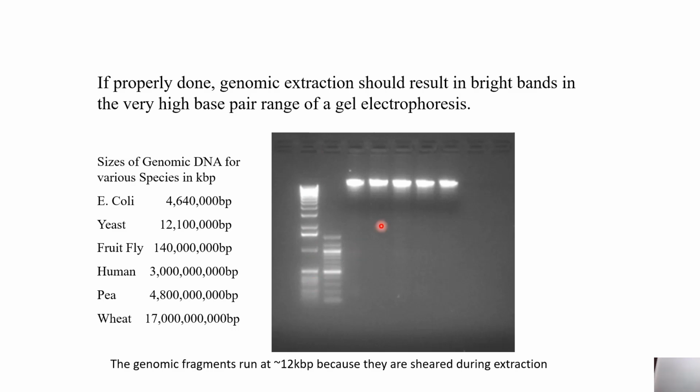The genomic fragments are almost around 12 kilobase pairs because they are sheared during extraction. It should have been even bigger than this, but due to shearing during DNA extraction, it's at least 12 kilobase pairs.